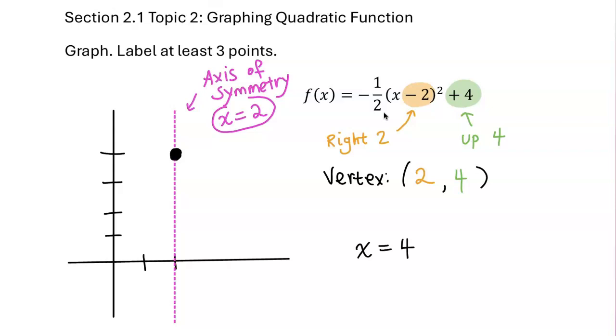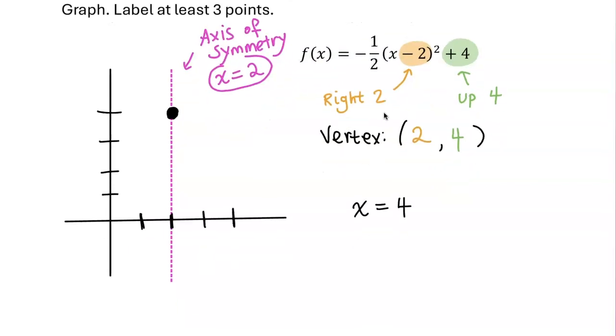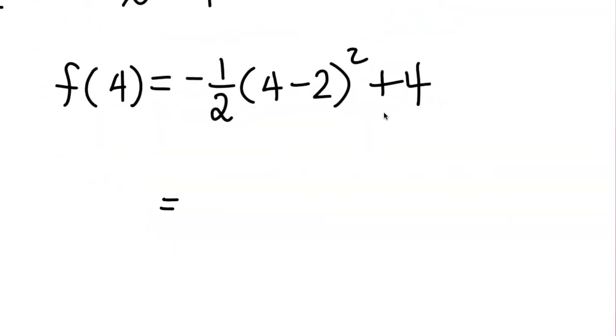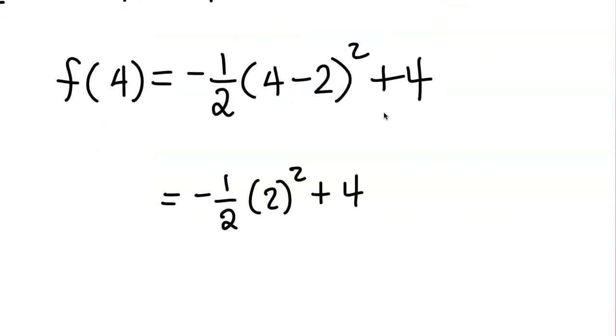What will happen if I plug 4 into this function? I'm trying to plot a point 1, 2, 3, 4 to the right. So let me plug 4 into the function. f of 4 equals -1/2 times (4 minus 2) squared plus 4. Let's evaluate this. We get -1/2 times 2 squared plus 4.